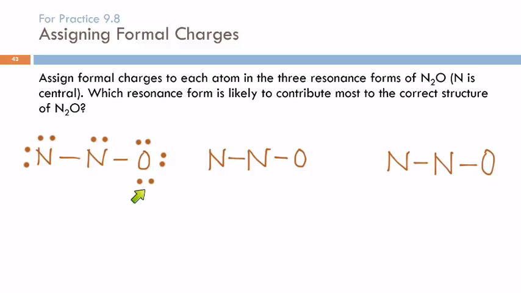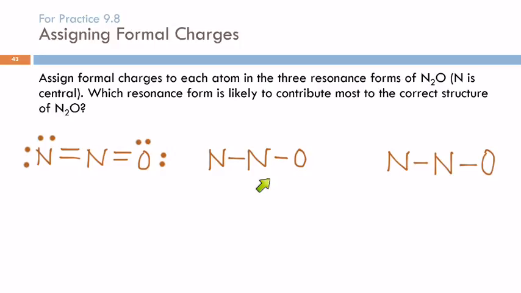So let's try taking a lone pair from the oxygen and sharing with that nitrogen in the middle. Now the center nitrogen is good and the oxygen's good, but the nitrogen over here on the left is still not happy. So let's take this lone pair from the nitrogen and move it over to be a bonding pair. This nitrogen has 8. The nitrogen in the middle has 8. The oxygen has 8. That's a valid Lewis structure.